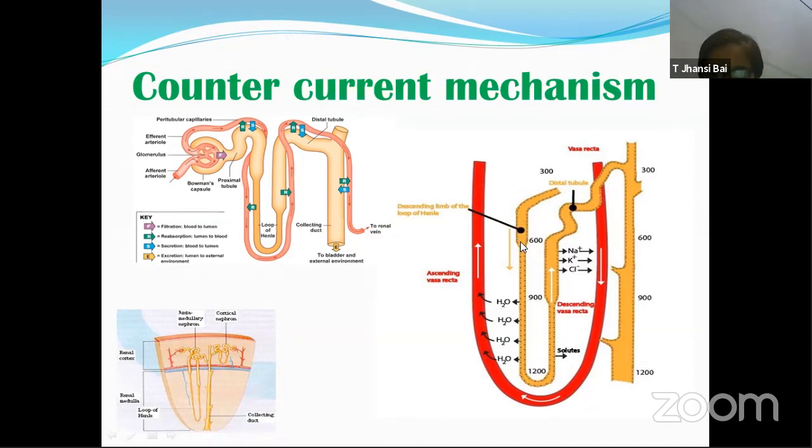Here you can see this brown color structure, as the cursor is moving. This is the loop of Henle. When nephric filtrate moves through this loop of Henle, the liquid is coming down here, and then this is the ascending limb. Here the fluid is moving up.